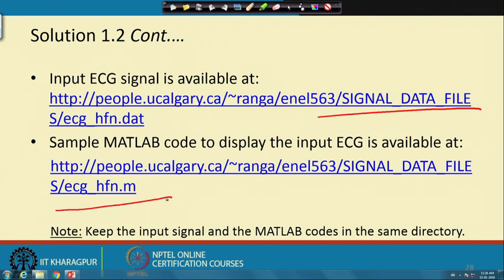Again we need to keep in mind that we should put both the data and the code in the same folder, or in the working directory. We know these things from the previous experiment, and from there we proceed.